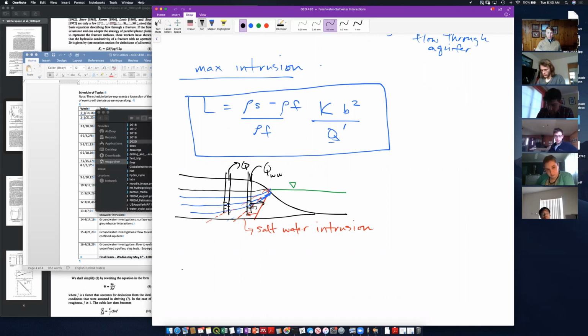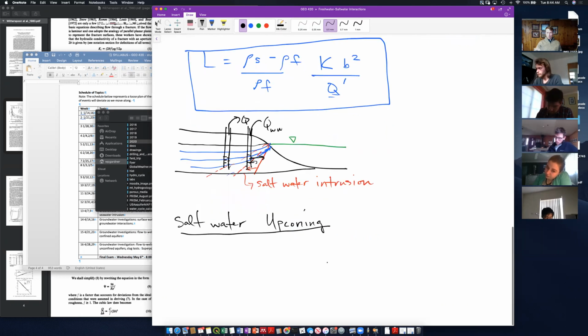There's one other really important kind of saltwater intrusion, and that is from upconing. And here, let's just consider our island example.